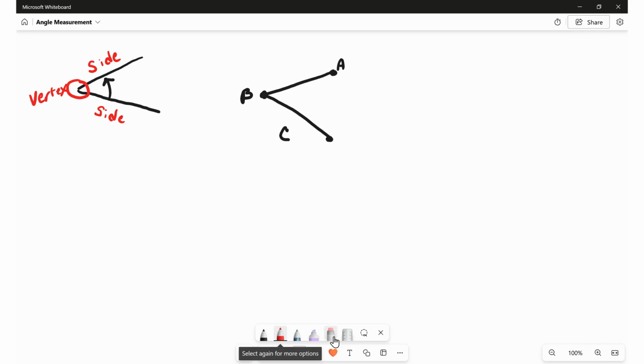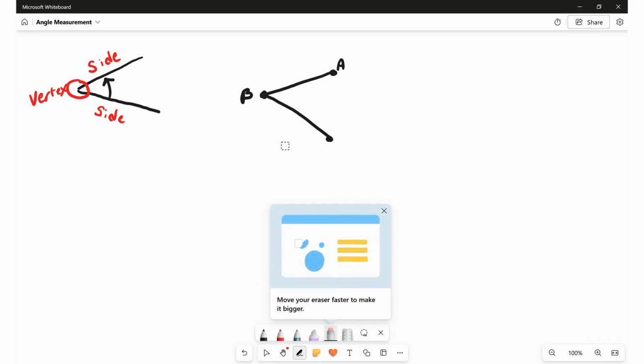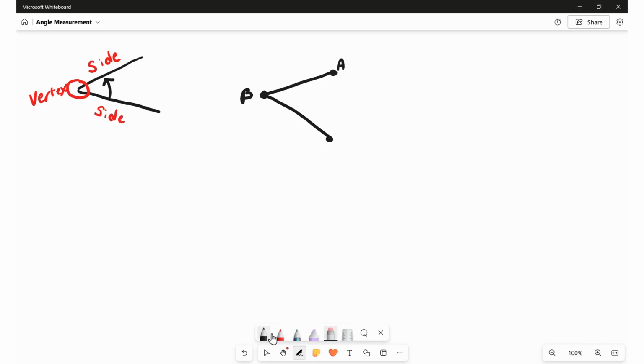How can we name this angle? Well, we can first of all say that it is angle ABC. So if you notice, we are using all three letters that encompass points on this angle. And the middle letter is the vertex, and the middle letter will always be the vertex.